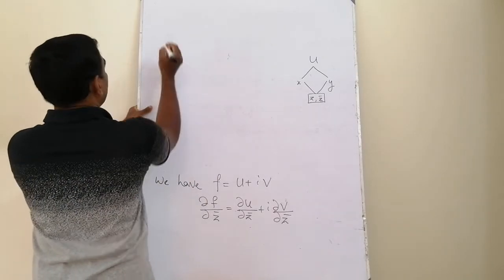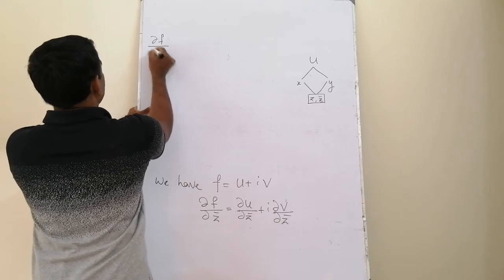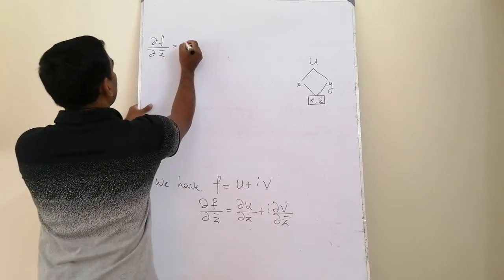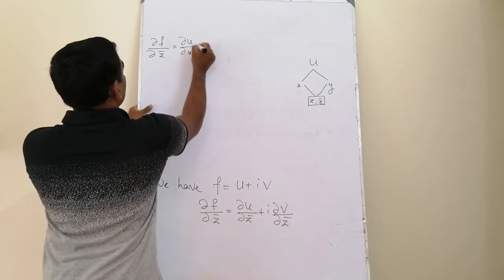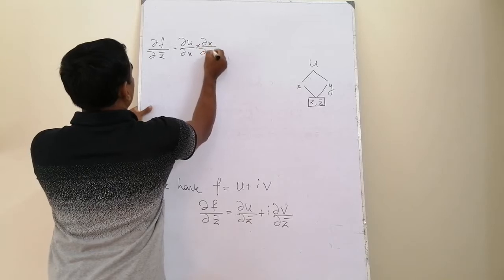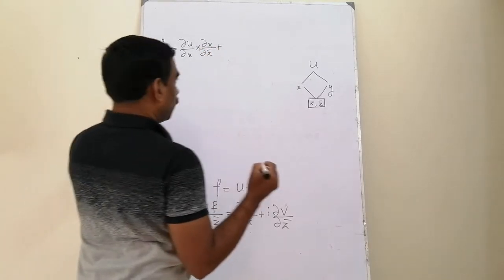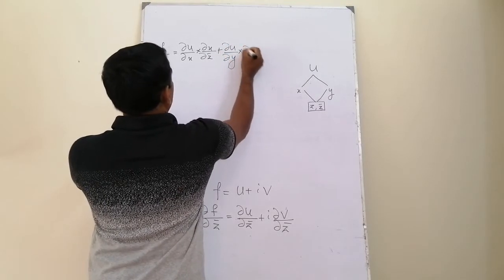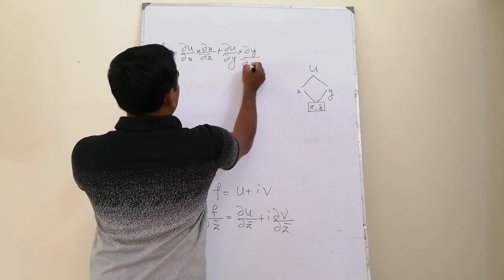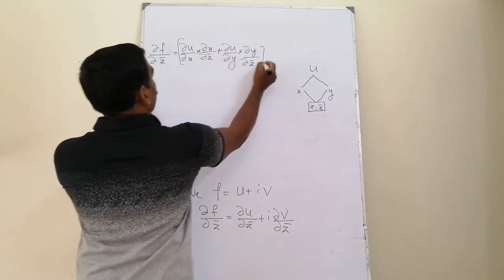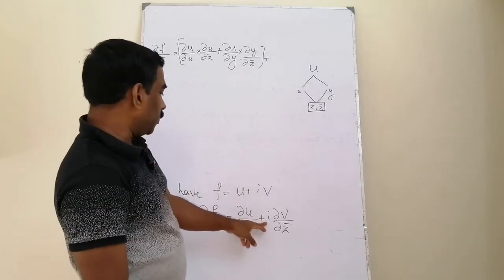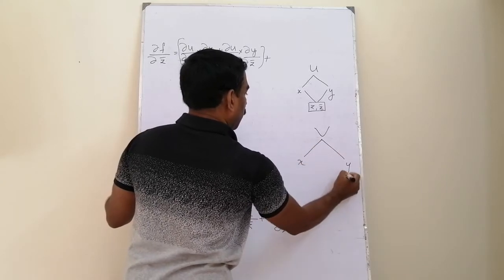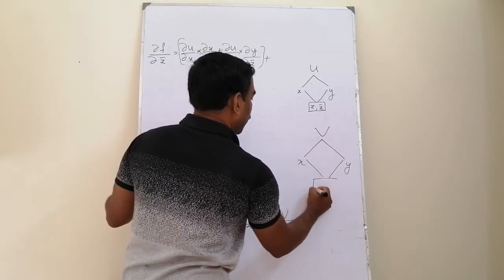So dou f by dou z bar equals, substituting for dou u by dou z bar, dou u by dou x into dou x by dou z bar plus dou u by dou y into dou y by dou z bar. So this is the real part function, plus i into, similarly for the variable v, again v is a function of x and y, and these x and y are in turn functions of z and z bar.